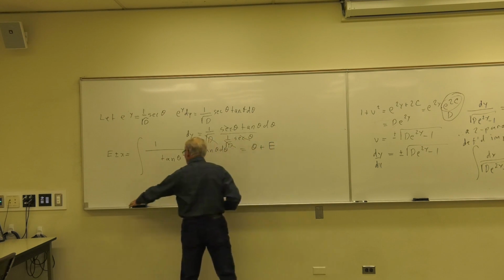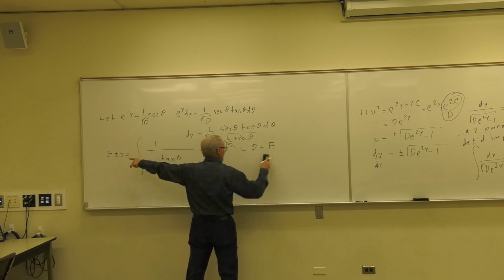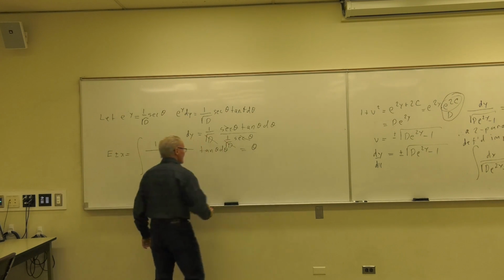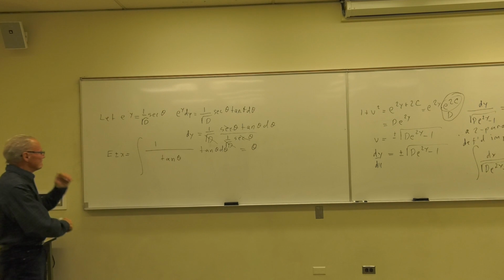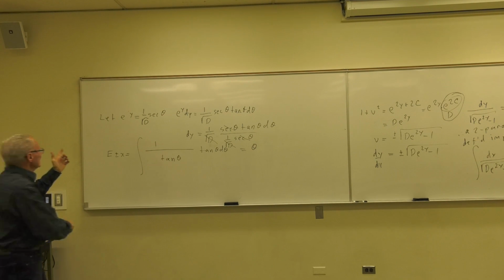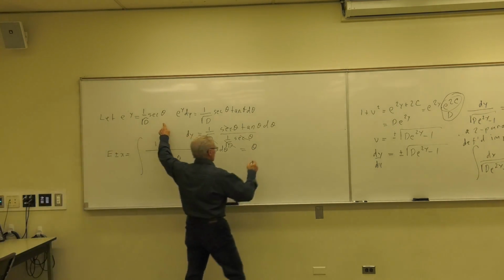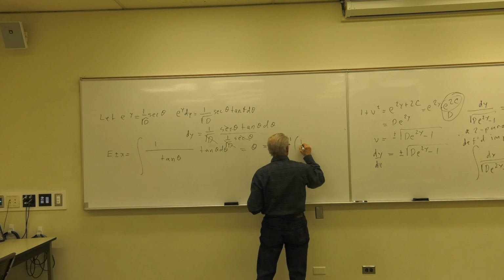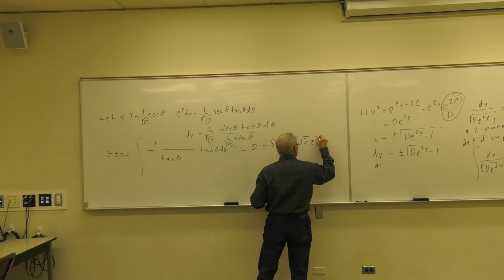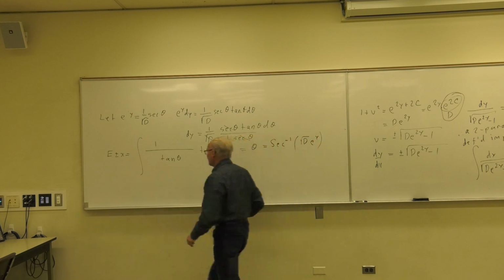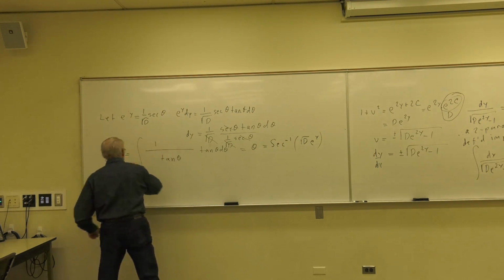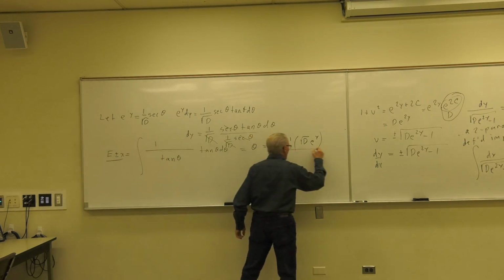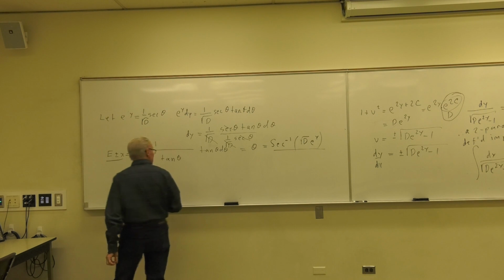Oh, we already have an e. Oh, it's already on the other side, I don't need it again. So that's theta. And what's theta? Theta I have to get from here is equal to the inverse secant of root d e to the y. So we've got that one equal to that one. Let's take secants.